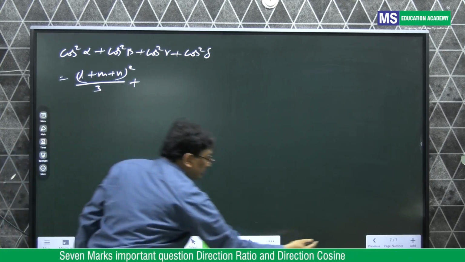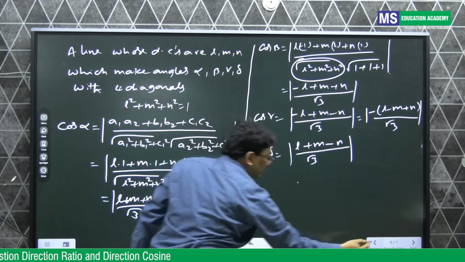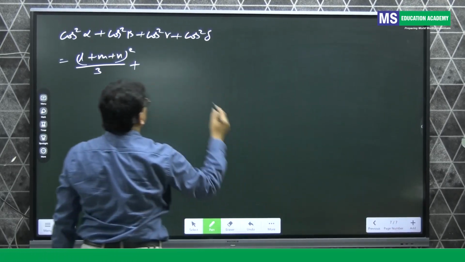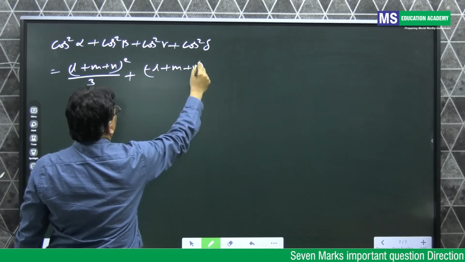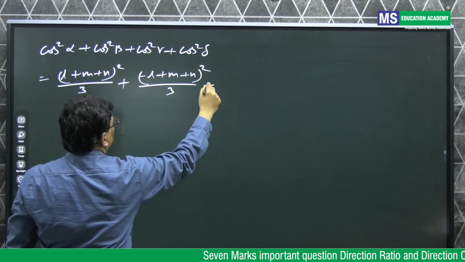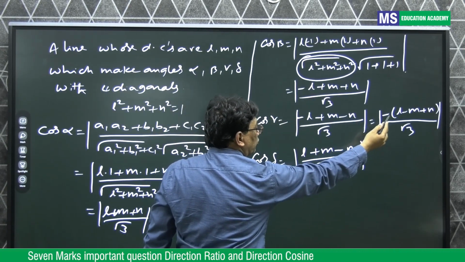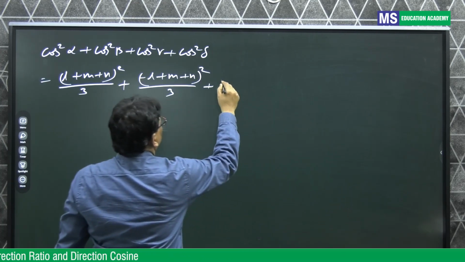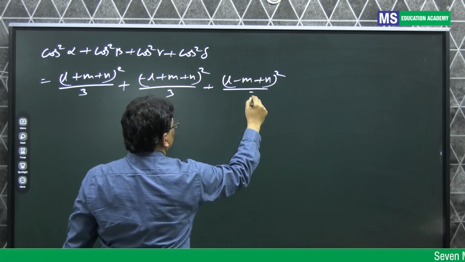In the second, cos square beta, the square of this value, that means minus L plus M plus N whole square by 3. Next, the third one: when you take the square, minus becomes plus. The remaining is L minus M plus N whole square by 3.